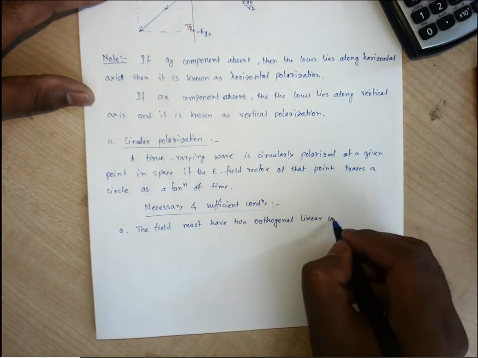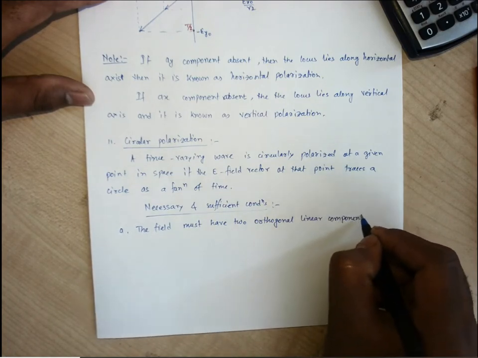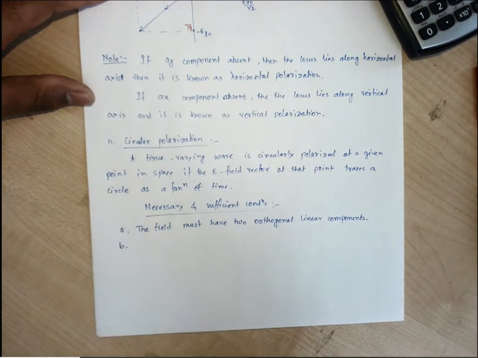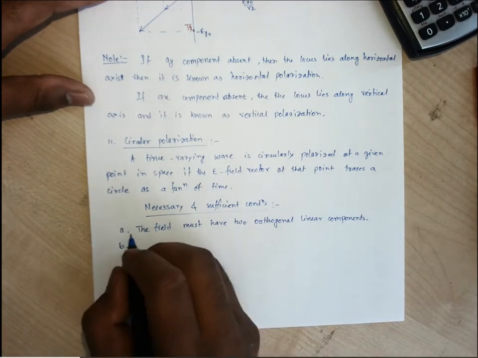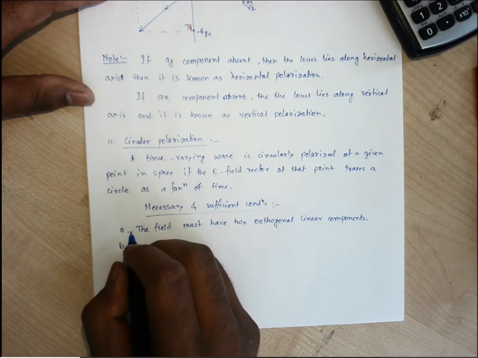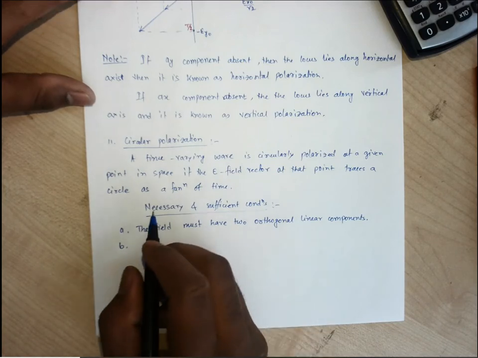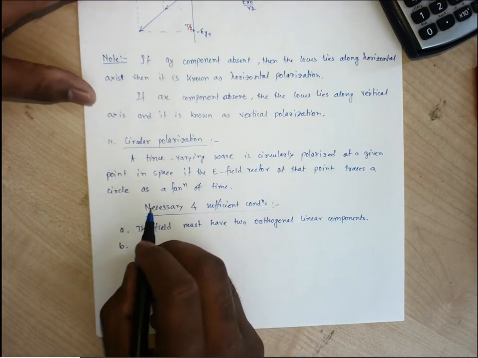Second condition, the two components must have the same magnitude, that is Ex0 and Ey0 must be the same.